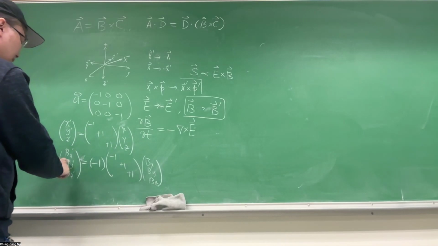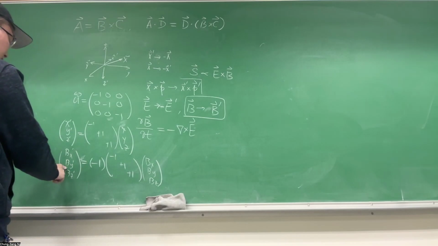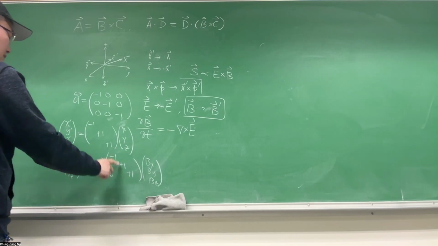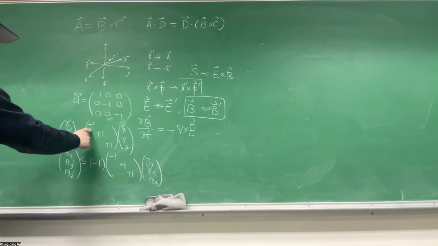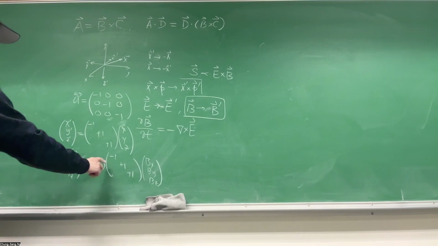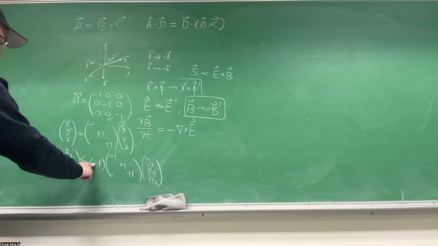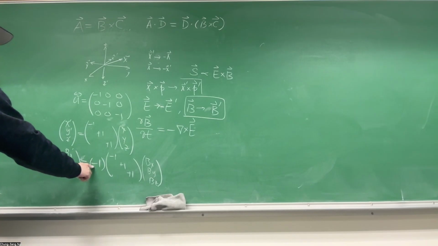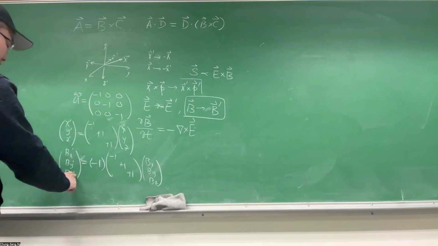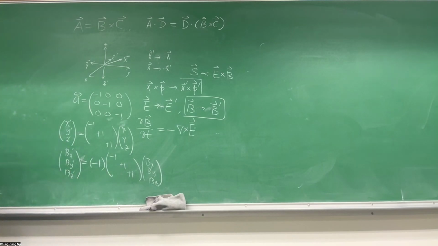So under this inversion in just one coordinate, Bx doesn't change because of minus sign times the minus sign. But By changes the negative sign, Bz changes the negative sign.